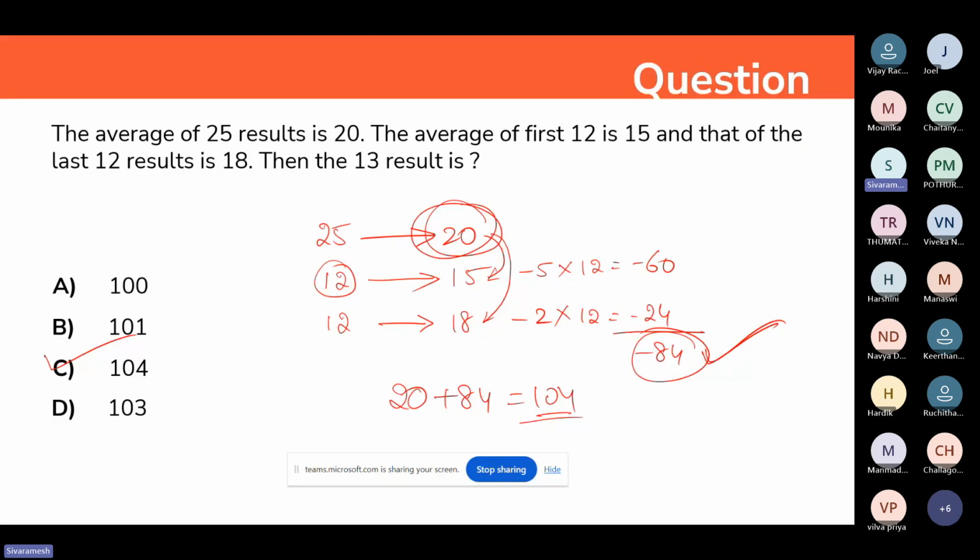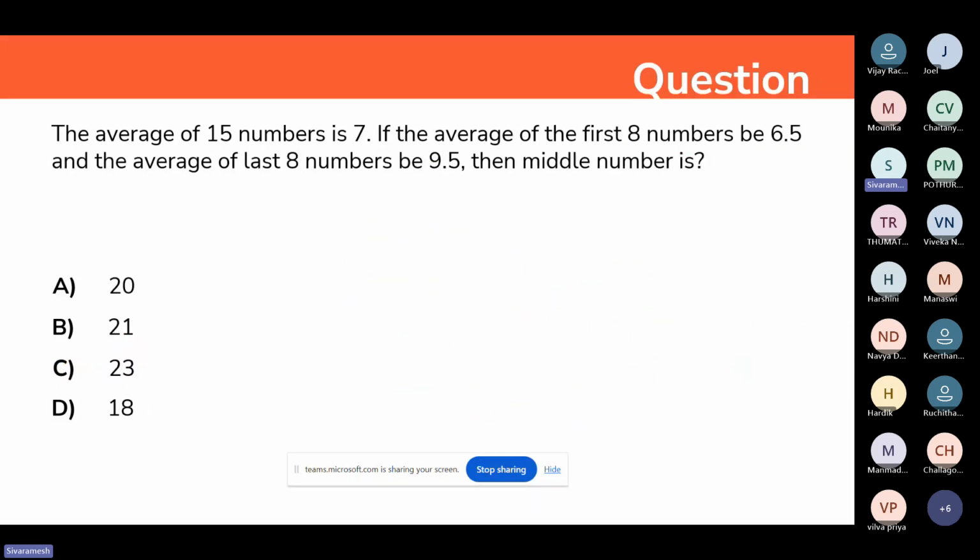Okay, now I'll give you one more question. Let's wait for this. Can you answer this question? Anyone? Almost similar, but slight change.